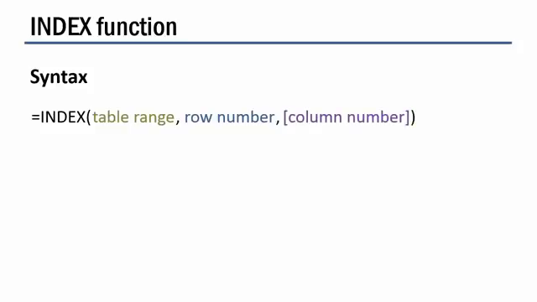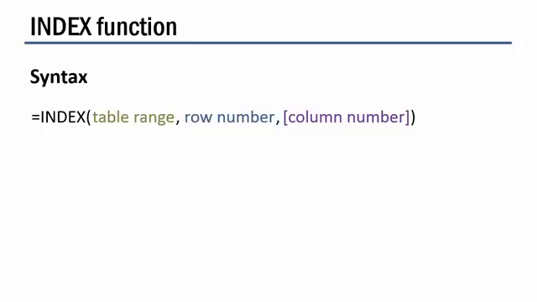Now, this is a little weird because the official documentation tells us that column number is optional, but really the row number could also be optional. What that means is when you have a large table like what we're working with, you do want a row number and a column number. But let's say you only have a single row, well, then you don't need a column number. Or if you only have a single column, then you don't need a row number.